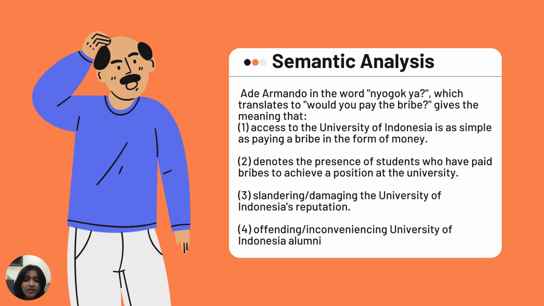The alumni of the University of Indonesia concluded that Ade Armando's tweet implied that bribes could be paid to enter and become University of Indonesia students. They requested that the UI Alumni Association, or Iluni UI, take firm action and impose organizational sanctions on Ade Armando as a result of the tweet.